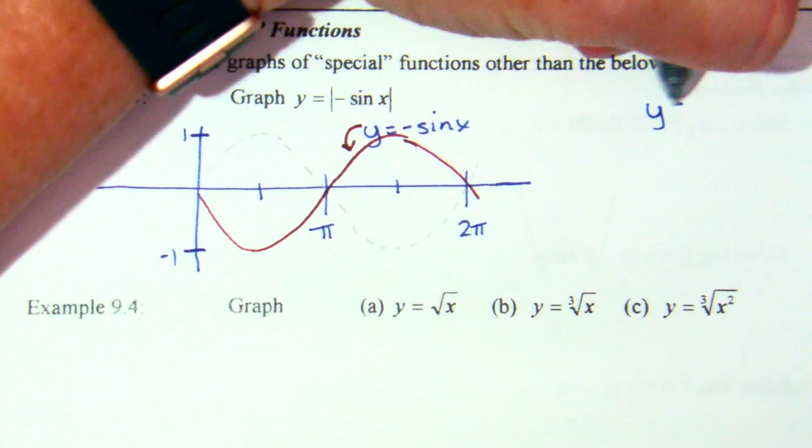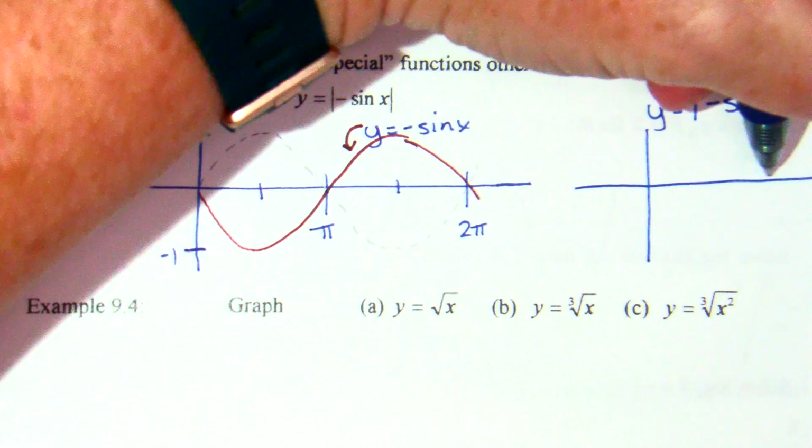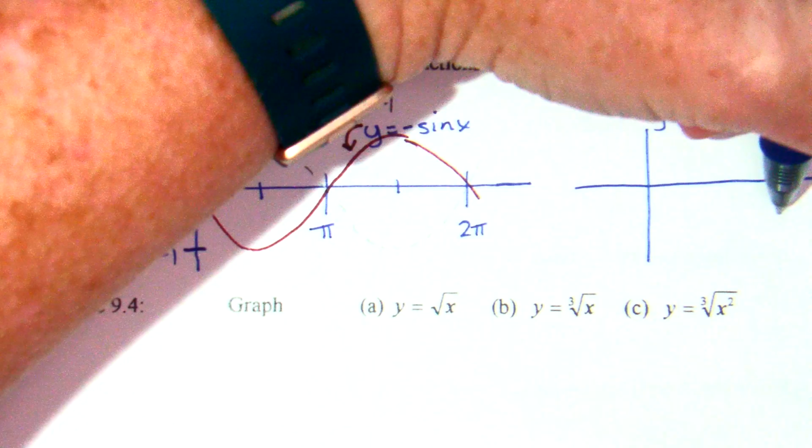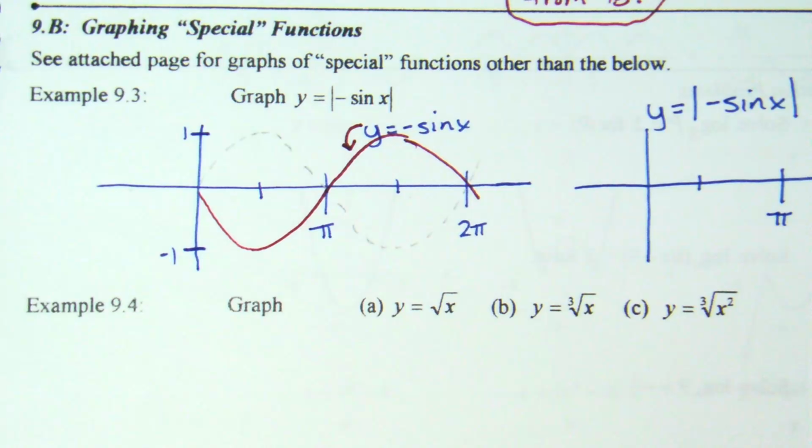So I'm going to redraw my graph over here. Absolute value of negative sine x. What's going to change there? The first part that goes below the x-axis.